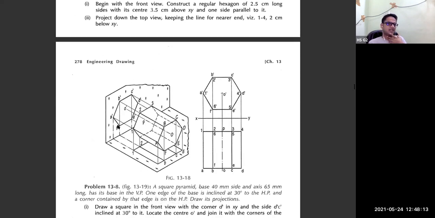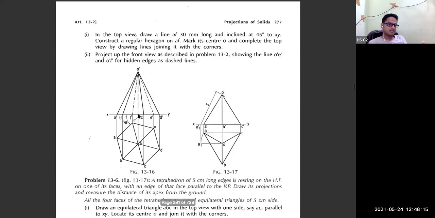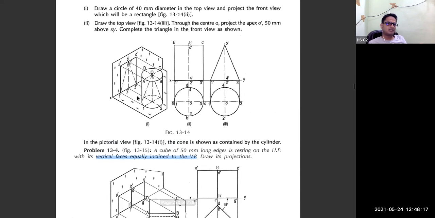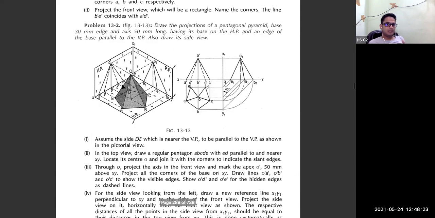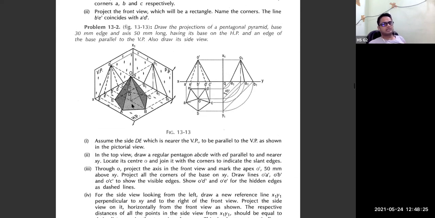See this figure. Here in previous figures, whatever you have seen, the cylinder was resting on the horizontal plane, the cone was resting on the horizontal plane. Here the pyramid was also resting on the horizontal plane. Horizontal means this plane, and this is your VP, the vertical plane.